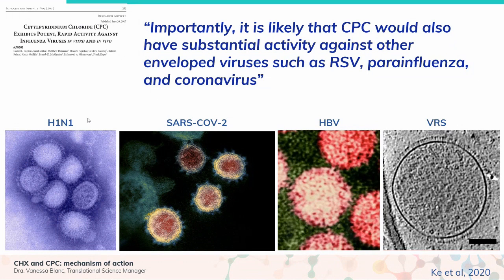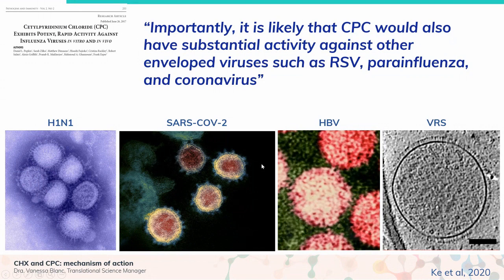And this is really important because one could hypothesize that if CPC can disrupt the envelope of this influenza virus, it could also disrupt the envelope of coronavirus or hepatitis B virus or respiratory syncytial virus.